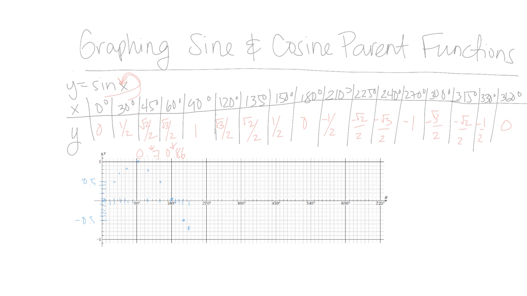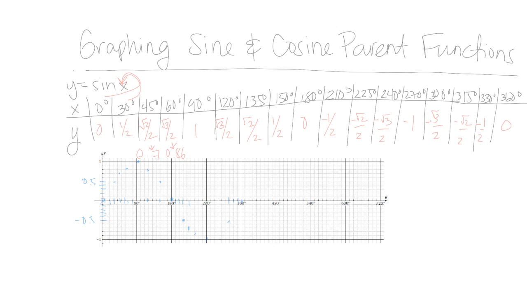And then at 240 degrees, you have negative 0.866. So it's around there. But then at 270, you have negative 1. So that one's easy to graph. And then I'm going to skip ahead to 330 because that's at the halfway mark again. And I know that that's negative 1/2, so I'll be here. And then at 360 degrees, I'm back at 0.